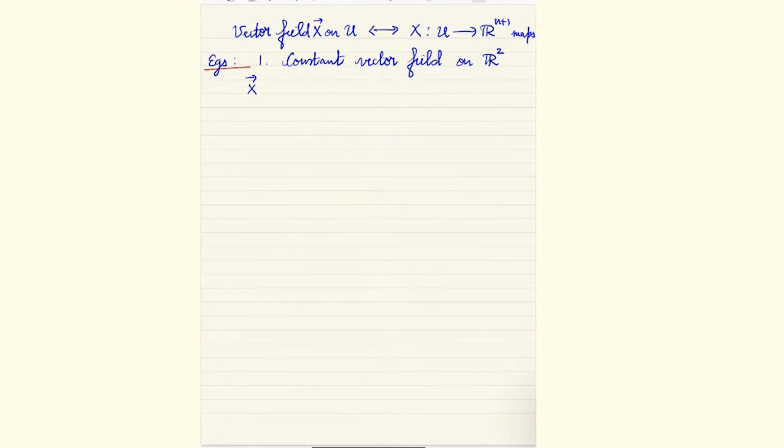So constant vector field, what should it do? First of all, it's a map from R^2 itself. U is my R^2, I take all of it.